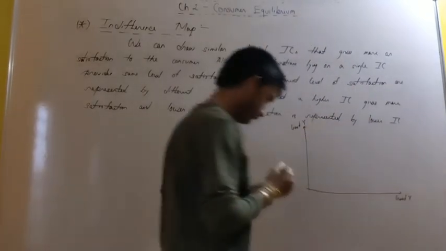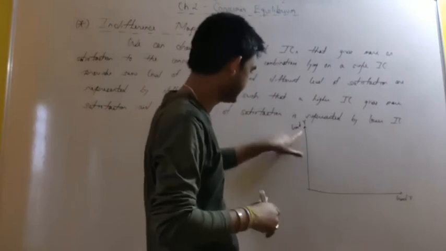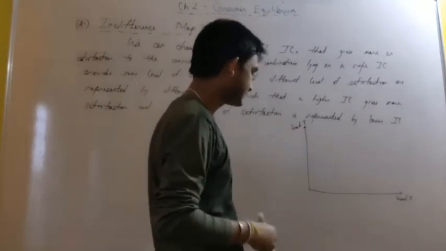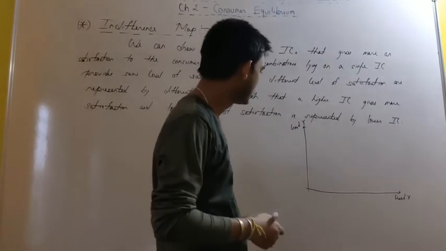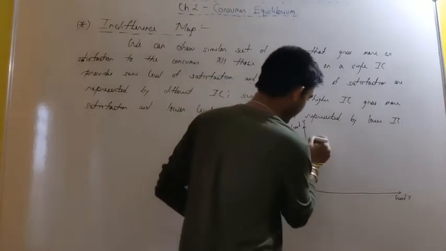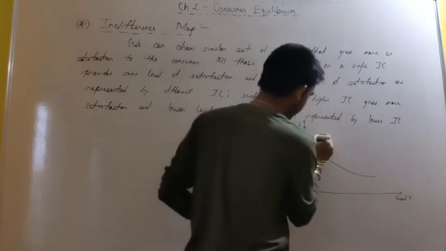First we have outlined two axes, vertical and horizontal. On the horizontal axis we are measuring good X and on the vertical axis good Y. We can draw a similar set of indifference curves like this.